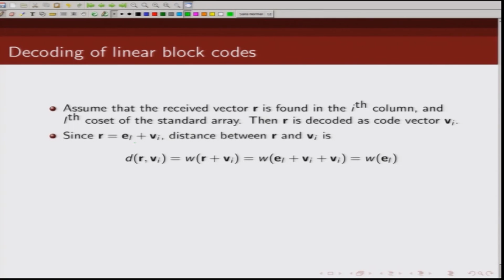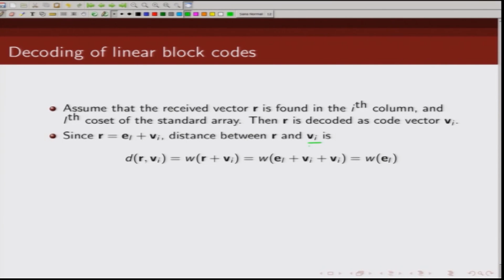Now, let us try to find the Hamming distance between our received vector and this code vector Vi, and the Hamming distance between the received vector and some other code word. The Hamming distance is nothing but the number of locations where the two vectors differ.